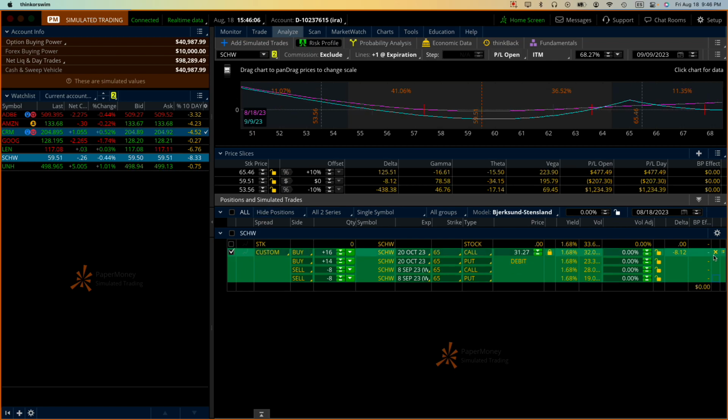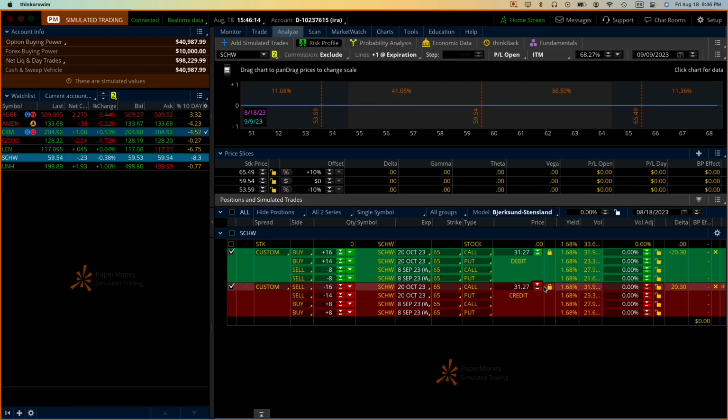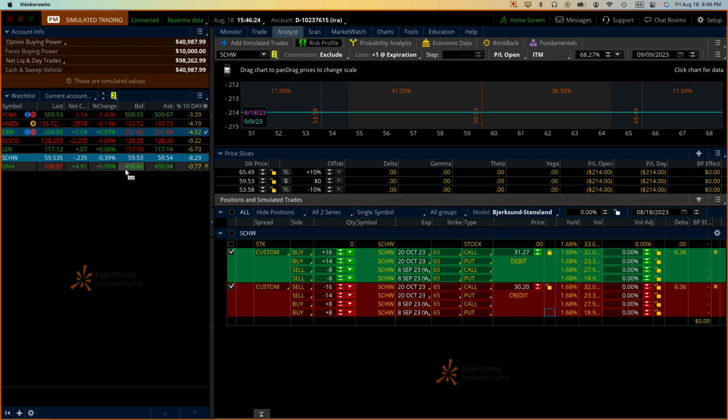This is my new trade right here. You see 16, 14, 8, and 8. You can say analyze the opposite, because this is what I will get if I were to close with a loss of $214. I'm happy with, not happy, but I'm content that it's not a big loss.